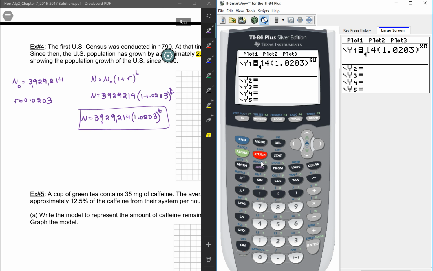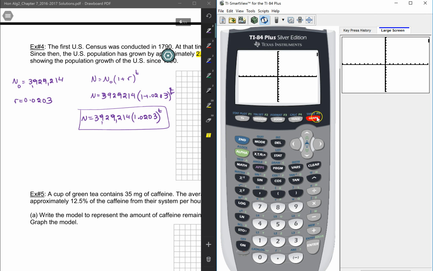Now, when we graph, are we going to see anything? It's to the left. You can't see it. So we graph, but we're not going to see anything, right? Because my X and Y are set to -10 to 10. In this case, what does my x-axis stand for?